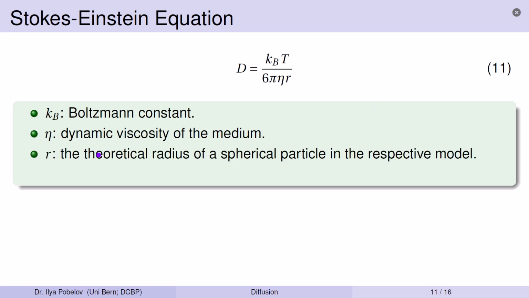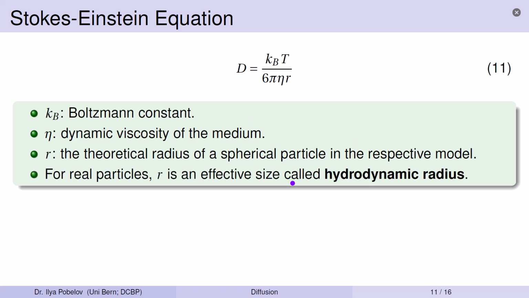R is the theoretical radius of a spherical particle as considered by the respective model. For real particles, R is an effective size called hydrodynamic radius.